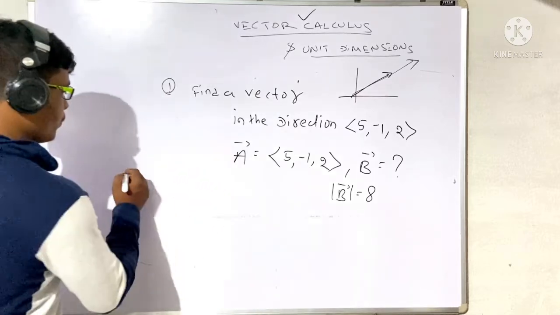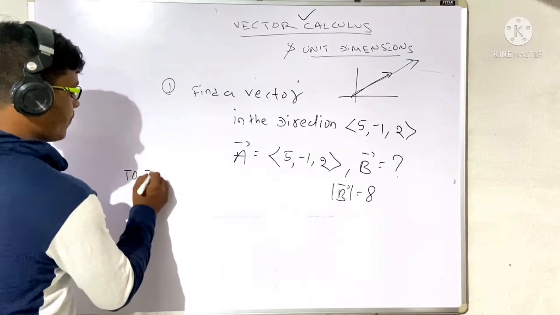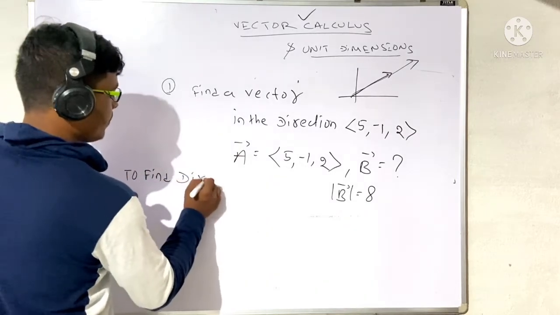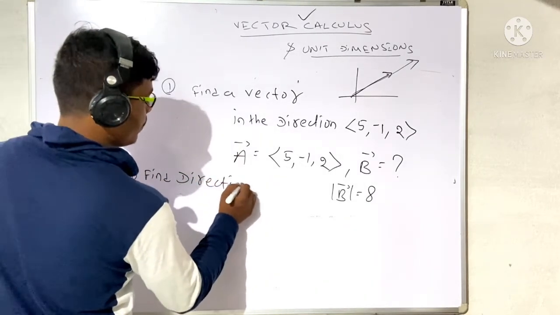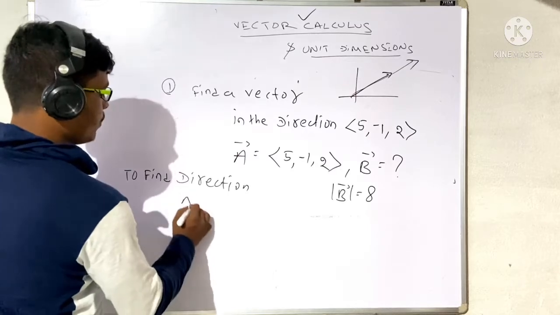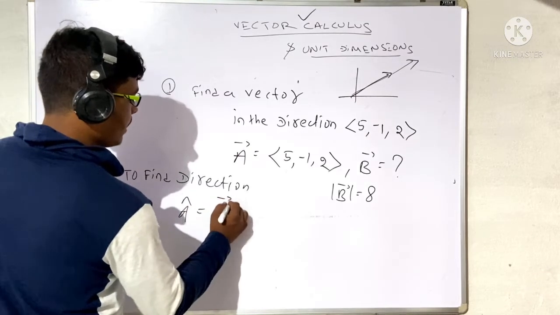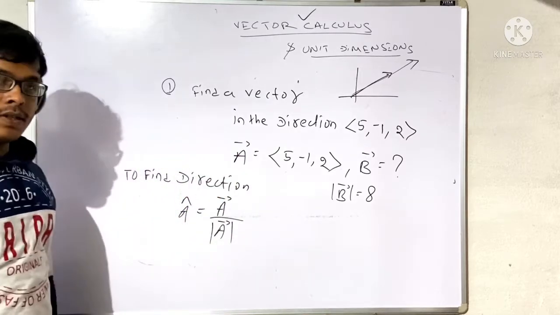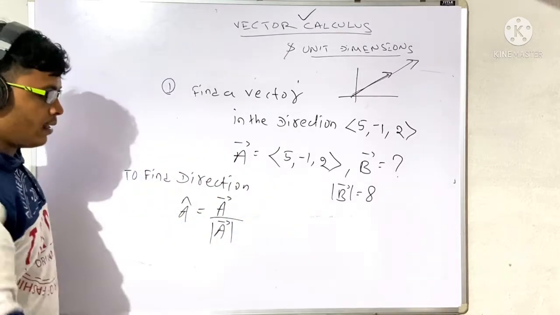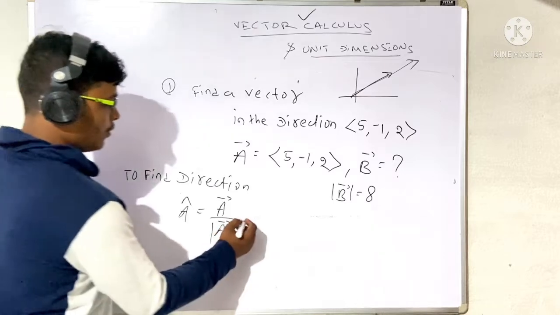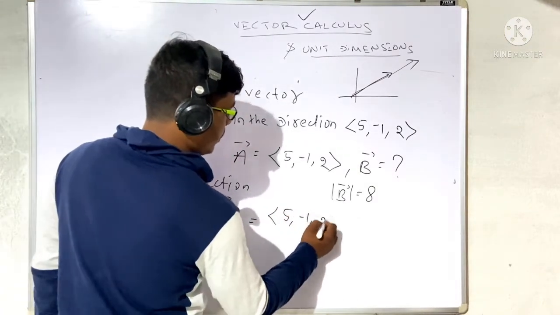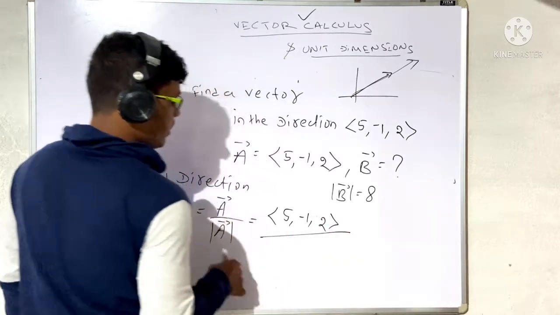So to find the direction, what do we need? We need a cap. So what is a cap? It is the vector divided by its magnitude. So this is (5, -1, 2) divided by its magnitude.